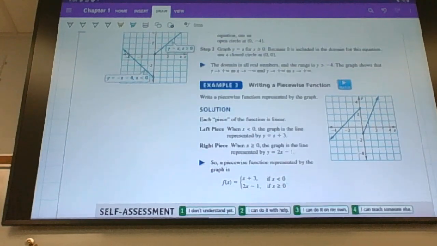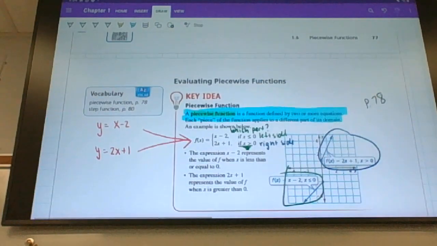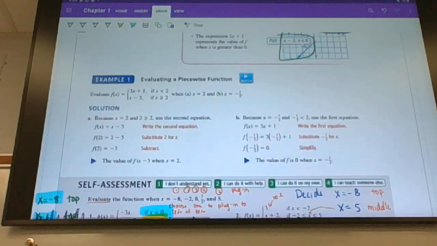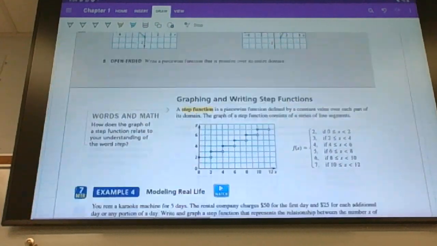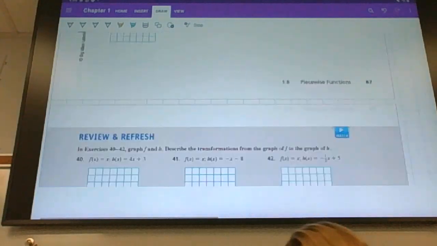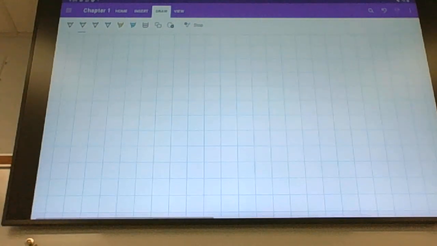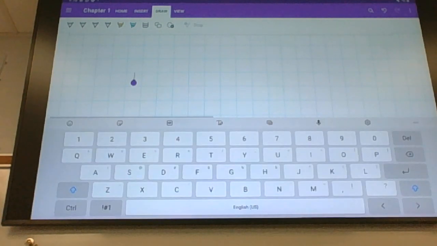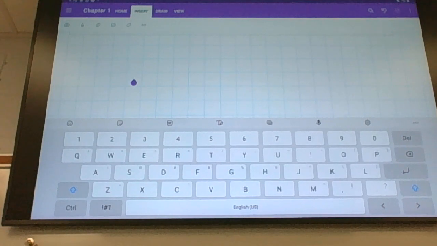Are these people making tables? No. But you feel like you want to make a table. Do you have a table on your paper? Try it out. You guys have 5 minutes. Try number 1.